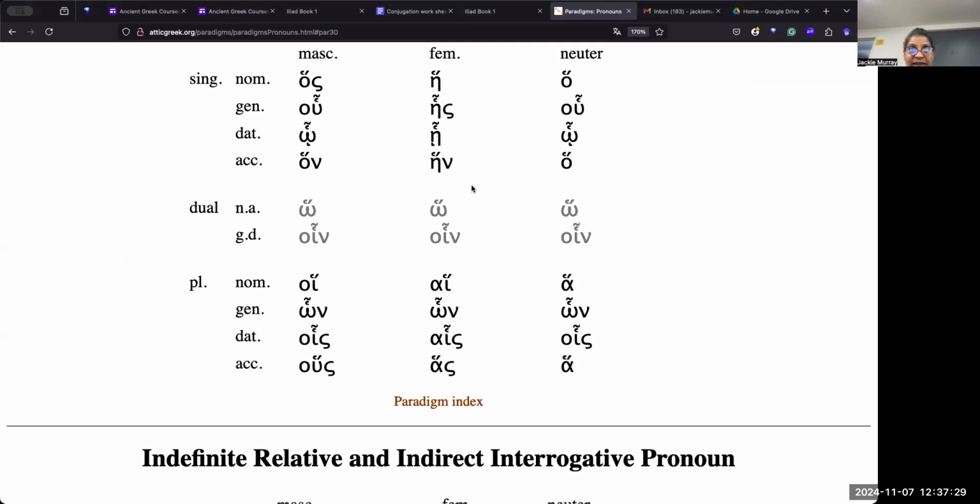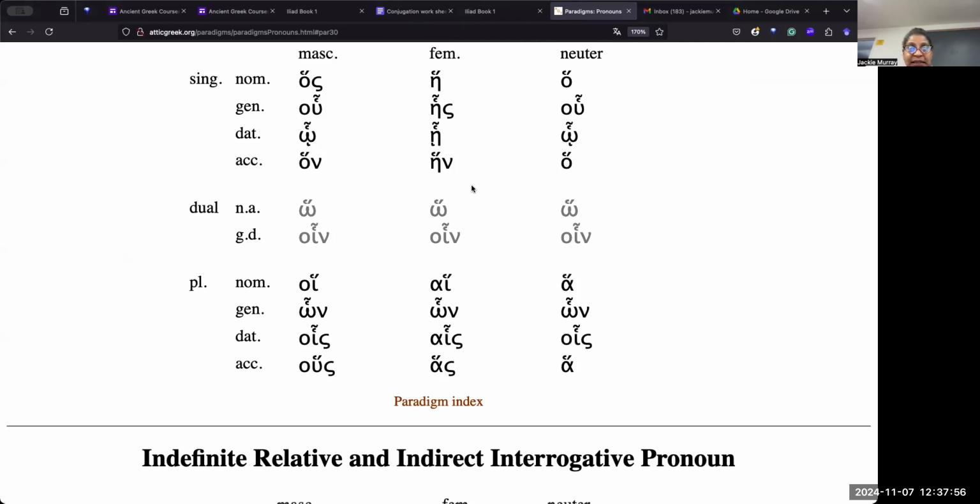The main difference is that the nominative of masculine and feminine have an accent, right? Masculine is hos, so that's already different to begin with, and it has an accent. The feminine looks exactly like the article, only it carries an acute accent. And then the neuter article is to, but the relative pronoun is ho.